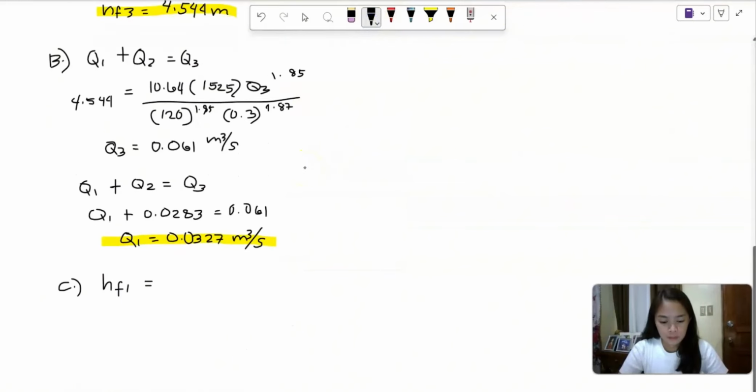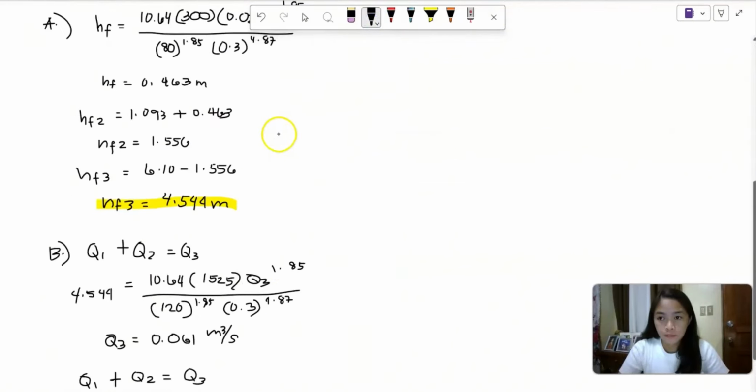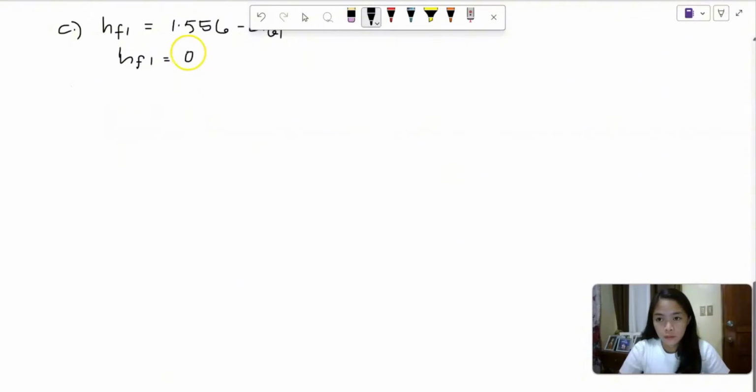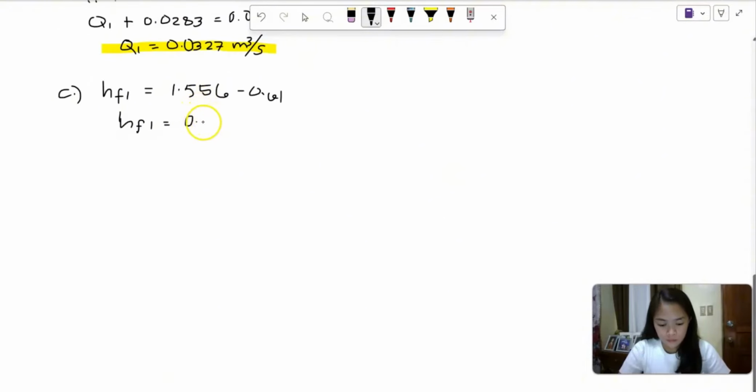So we already know that HF2 is here. HF2 is 1.556. So 1.556 minus 0.61. So our HF1 is just equal to 0.946 meters.